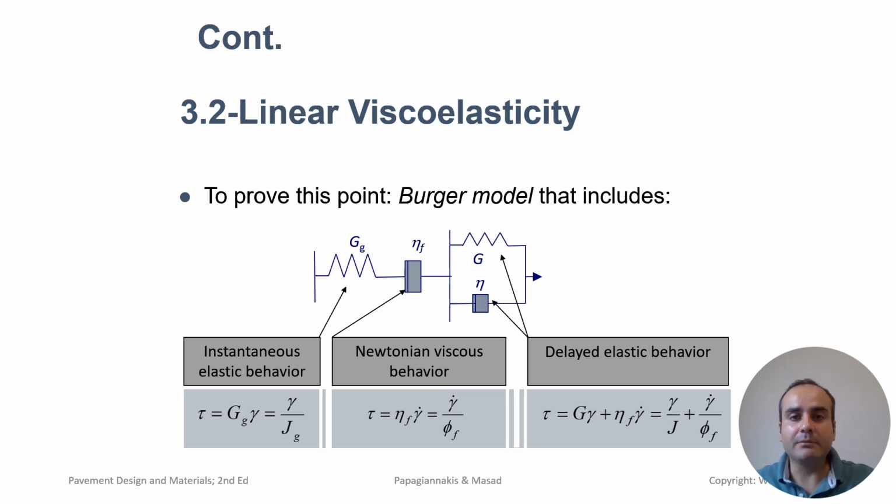When a load is applied, the material deforms slowly, but can recover some of this deformation after the load is removed. Asphalt behaves both elastically and viscously under traffic loads, making the Burger's model an ideal way to describe its response under different loading conditions.